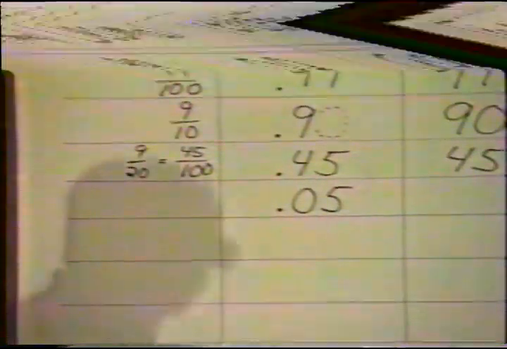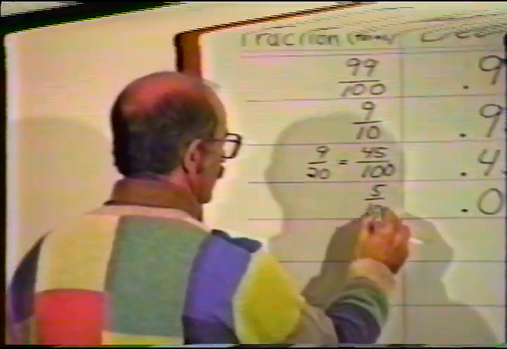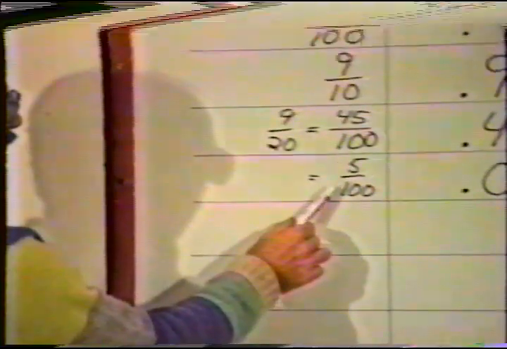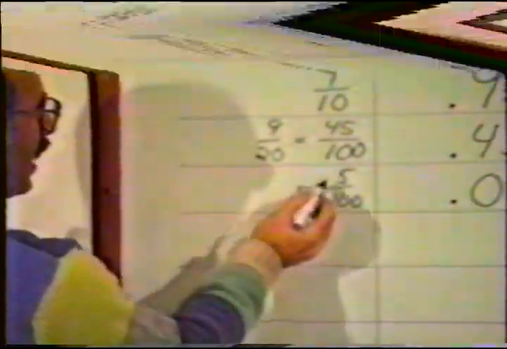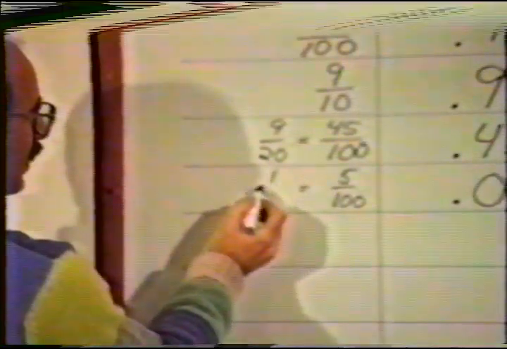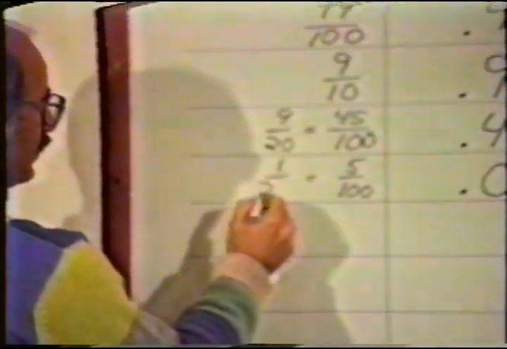Here's another one. What does this number say? 5 hundredths. Can it be reduced? Yes. With what number can we divide both top and bottom? 5. 5 into 5 is? 1. And 5 into 100 is? 20.